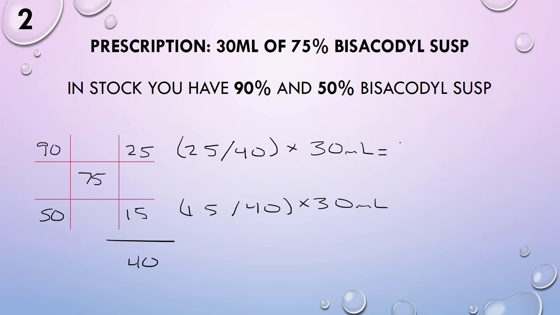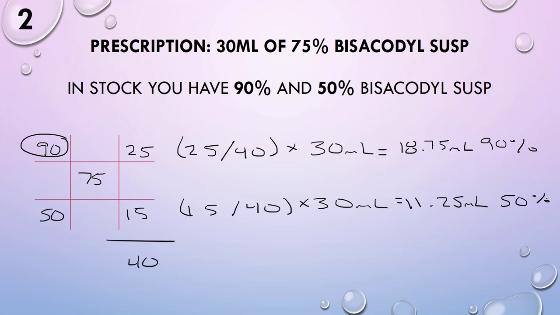This gives us 18.75, and this gives us 11.25. That's 18.75 milliliters of the 90% and 11.25 milliliters of the 50%. So in order to make 30 milliliters of the 75%, we will need 18.75 milliliters of our 90% and 11.25 milliliters of our 50%.